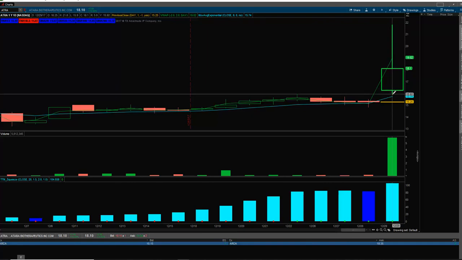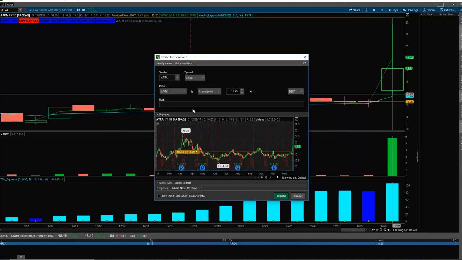I would put an alert here saying, if the stock dips at or below 1590, alert me, because there's really no support or resistance between there. And I would look to short a break below 1590 for a gap fill of 1551, and I may short it because of that.